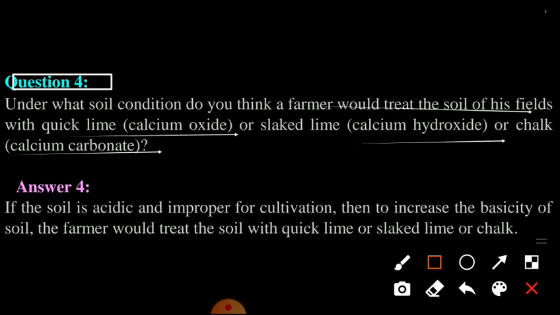If the farmer is using basic salts to treat the soil, it means the soil is more acidic and he wants to reduce the acidity of the soil. So in the answer we can write: if the soil is acidic and improper for cultivation, then to increase the basicity of soil, the farmer would treat the soil with quicklime, slaked lime or chalk.